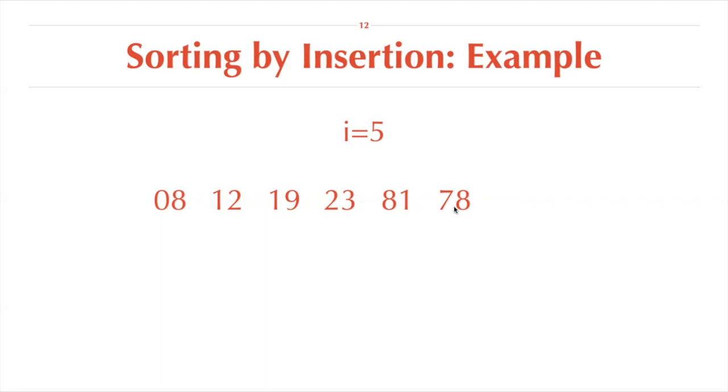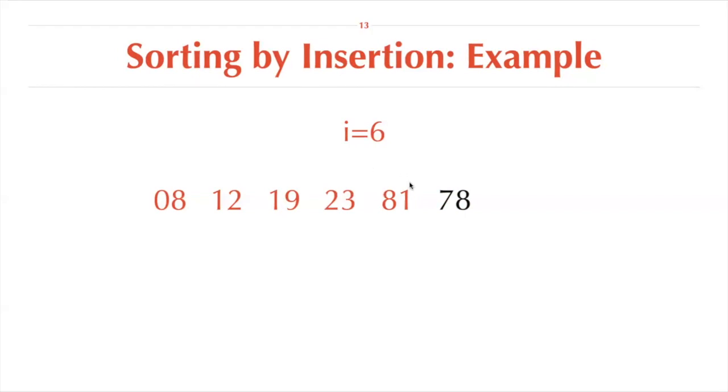Now the last element I equal to 6 is there. So it is 78. The same thing will happen. It will compare with 81, and it will find that 78 is less than 81. So the position will be swapped, and 81 will go to I equal to 6, and 78 will come to I equal to 5. Then it will compare 78 to 23.